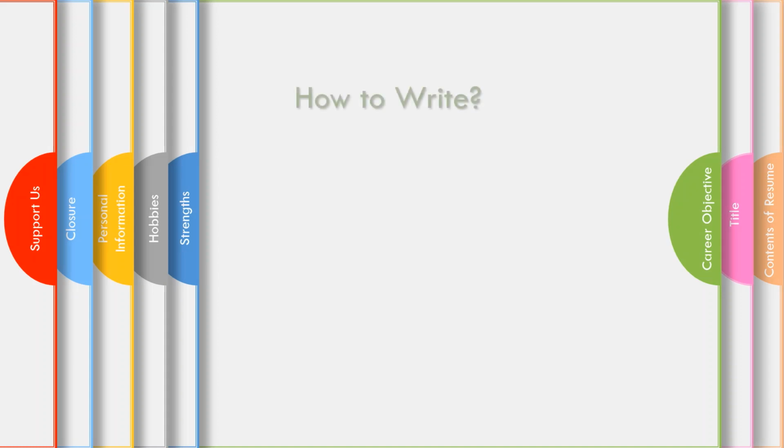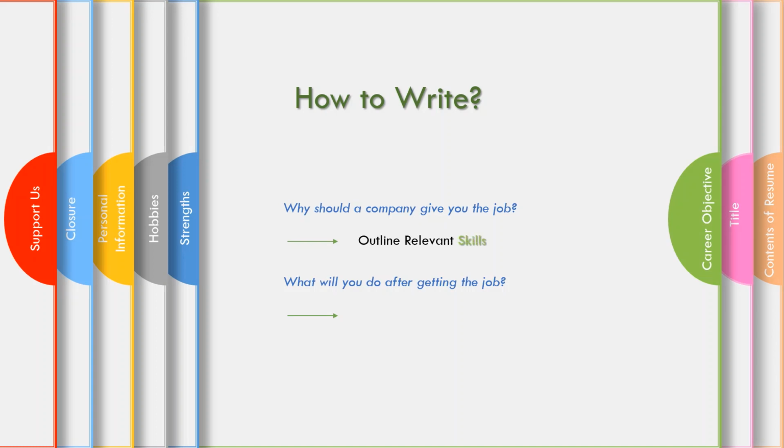So, how to write a career objective? Career objective is written using these two questions. Why should a company give you the job and what will you do after getting the job? For the first question, you will outline your skills for the given job so your profile looks interesting.